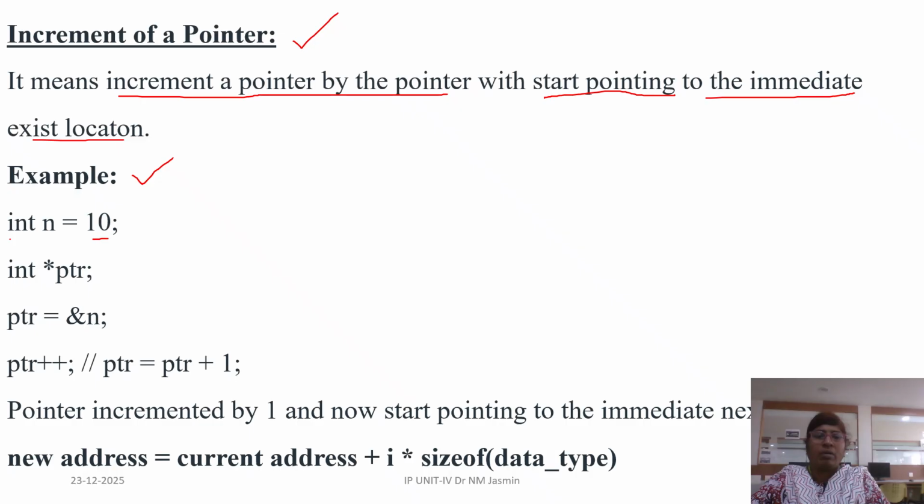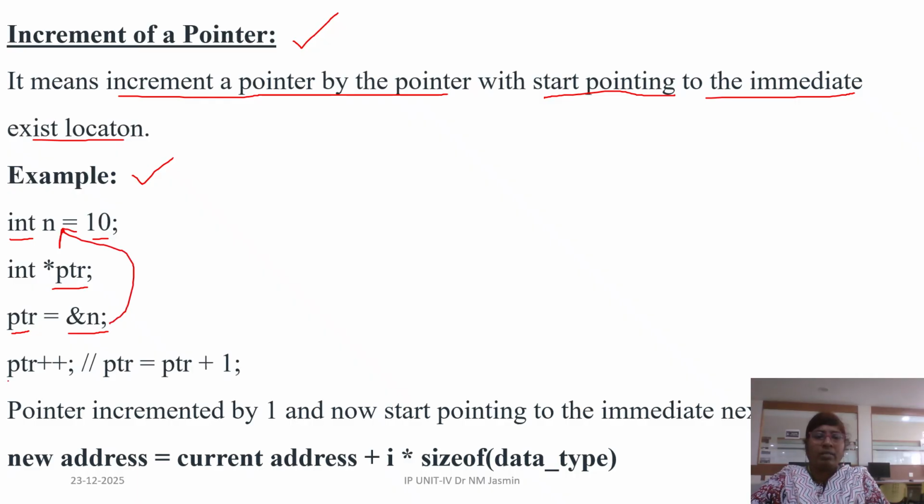Here the variable has been assigned the value 10 and the data type is an integer. Now declare the pointer, which is also an integer pointer, and it holds the address of this variable.